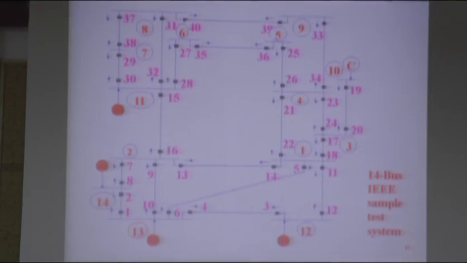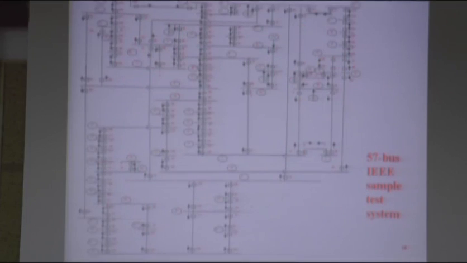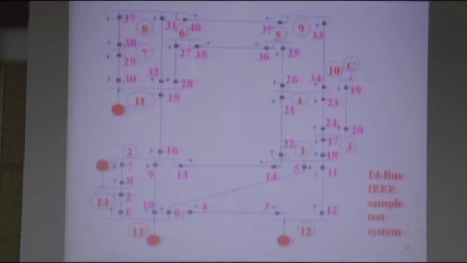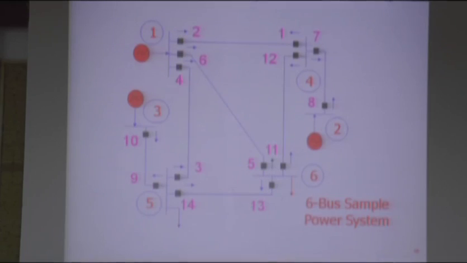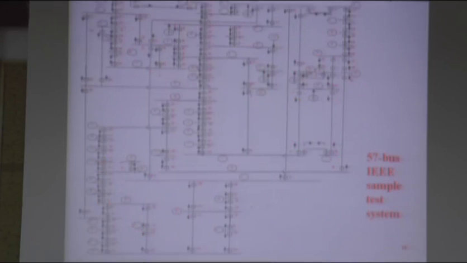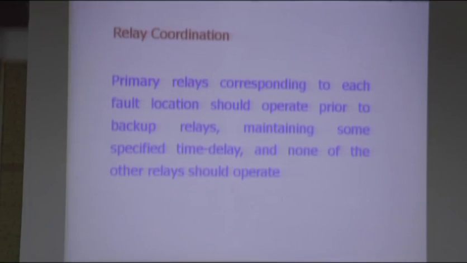So these are simple and small systems. 14 bus system, 46 bus system, this is a 57 bus system. There are systems of 223 and 360 buses, and the transmission lines are all connecting among the various buses. There may be two lines between the same buses in the form of parallel lines also.